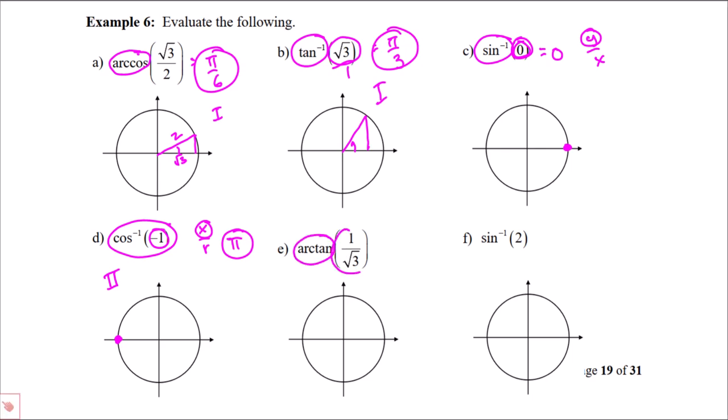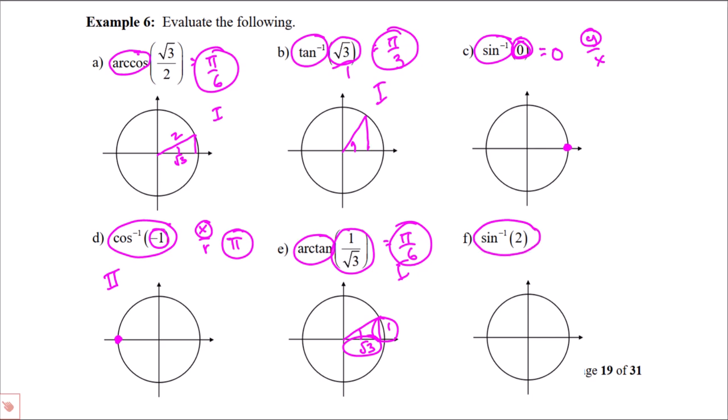Inverse tangent is positive. It must be in the first quadrant. Y over x. Y is 1. X is root 3. So that's the smaller angle. And so that must be pi over 6. Because the small side's here, the big side's here.